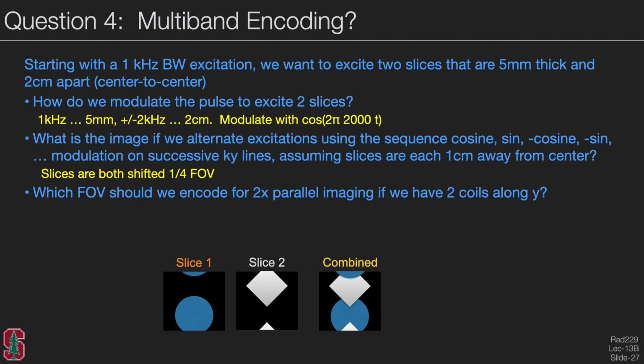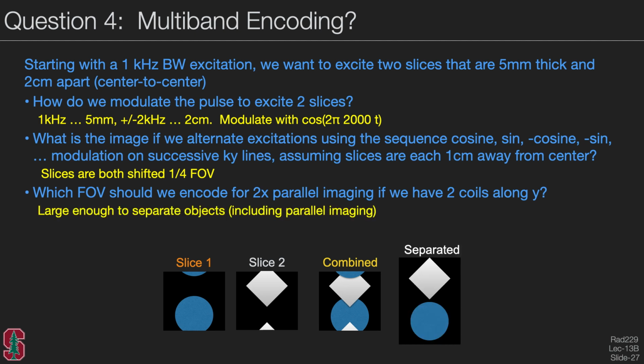And essentially what we can do now is we can encode a field of view. So the question is, what field of view should we encode for 2x parallel imaging if we have two coils along y to separate these images? The answer here is the field of view, including the parallel imaging encoding, has to be large enough to separate the objects.